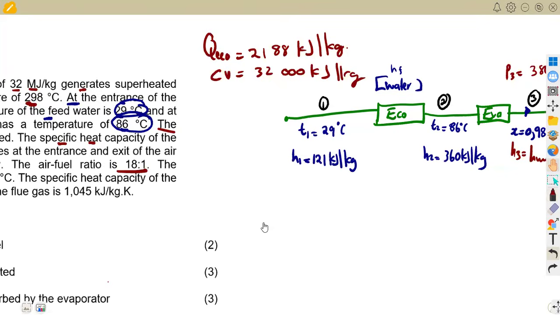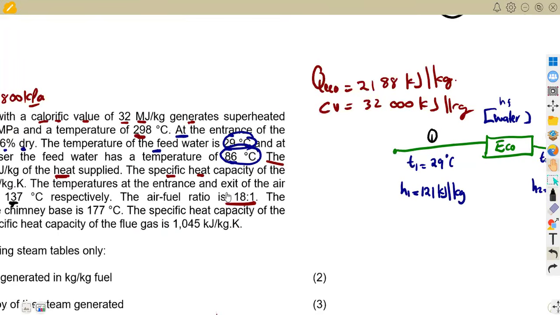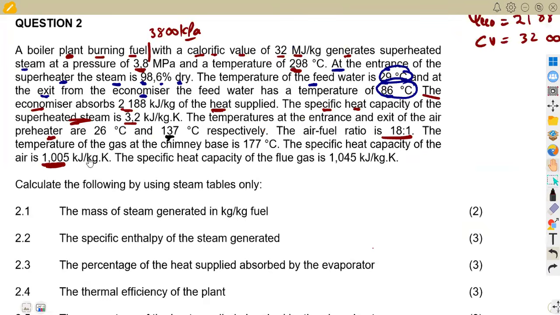So we have got the air-fuel ratio at the air preheater here. We have also got the specific heat capacity of air, which is given as 1,005. All right, let us just confirm. Yeah, that's 1,005.